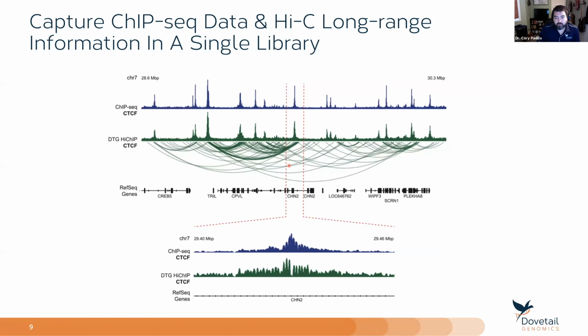And if you zoom even further onto these peaks, because we used MNase to fragment, you can now position your nucleosomes around that DNA-protein binding site and not just look at where the DNA is enriched. You can actually look at where the nucleosomes are positioned around that site.